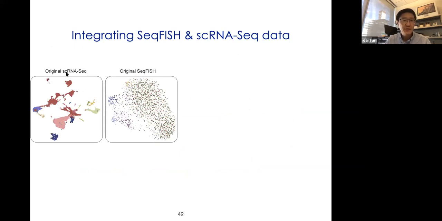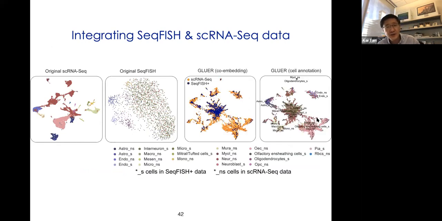Here, again, if you look at the original data without integration, you do see some clusters in the seqFISH data, but the separation is not as strong as the RNA-seq data. Again, likely due to the lower number of features in the data. And after data integration, we can see many clusters representing the different cell types in the olfactory bulb.